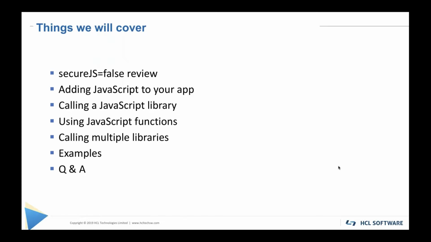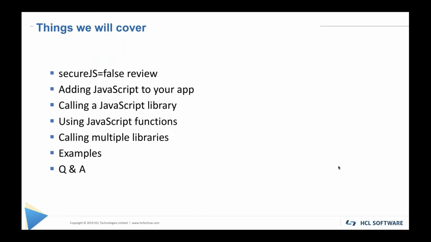So things that we're going to cover today, I'm just going to review again, and I know you've heard this, secureJS equals false. There are some JavaScript libraries that you could probably bring in where you don't need this, but I think it's probably best to set it to false, because most of the libraries are going to do some things that go beyond the limitations of the sandbox.